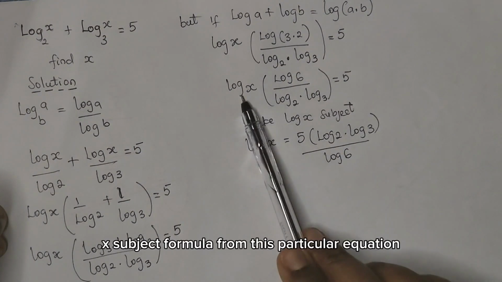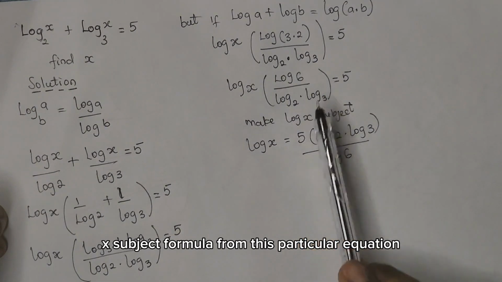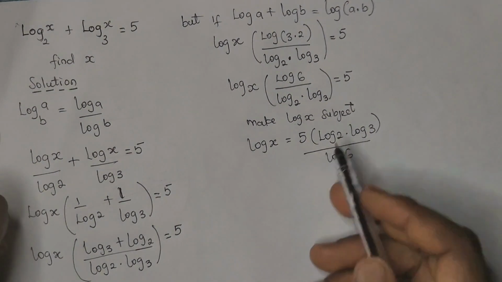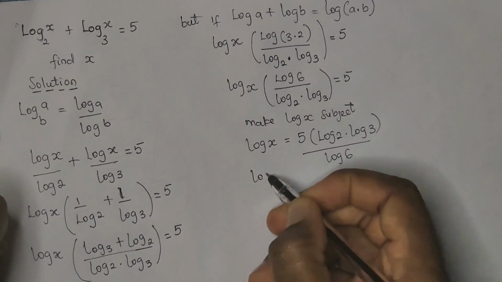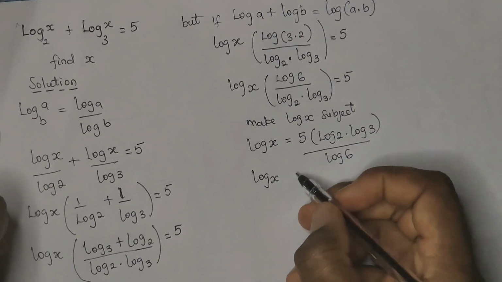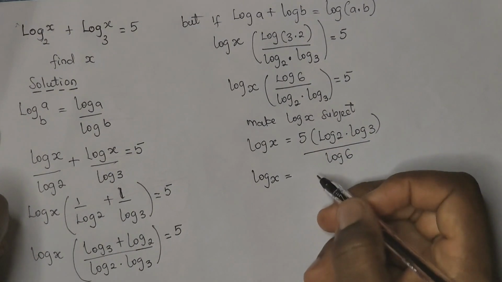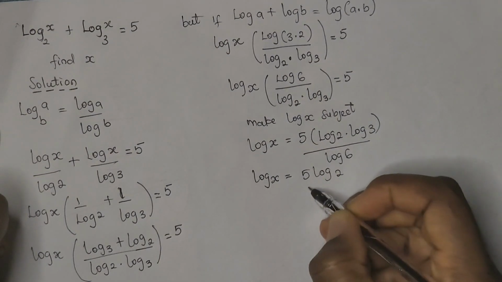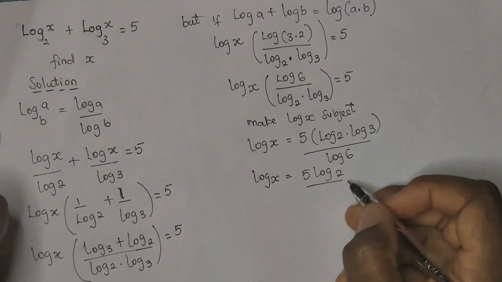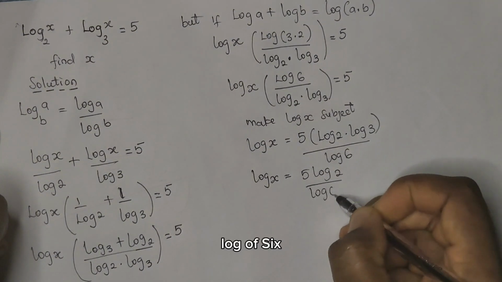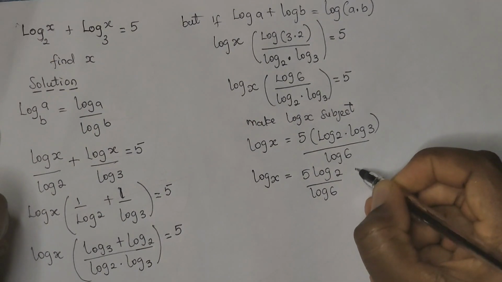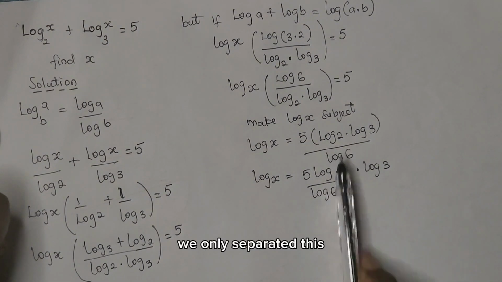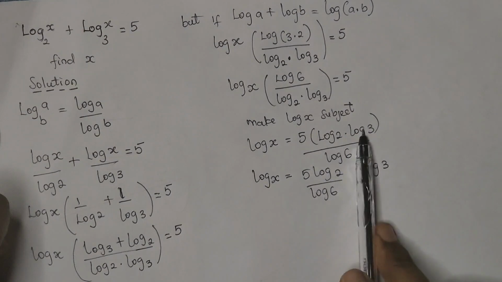So we made log x the subject from this particular equation. Resolving it, we'll now be having log of x equal to 5 times log of 2 all over log of 6, times log of 3. We only separated these two things.